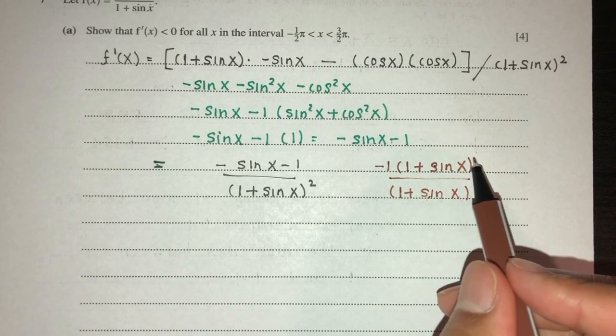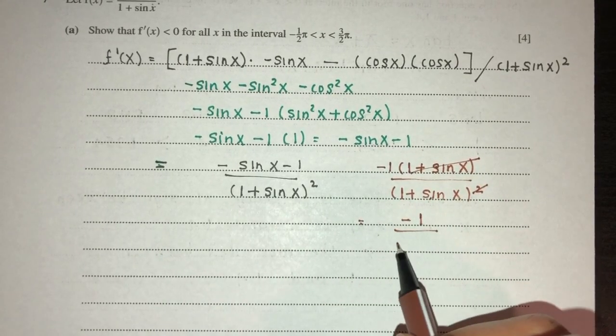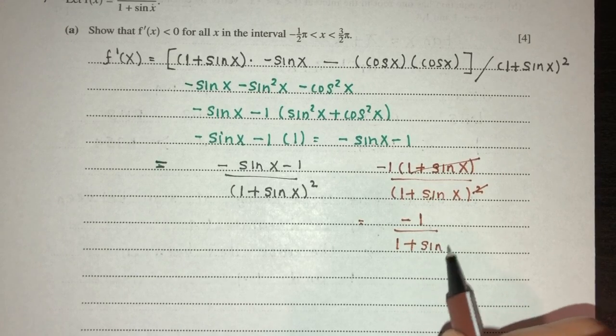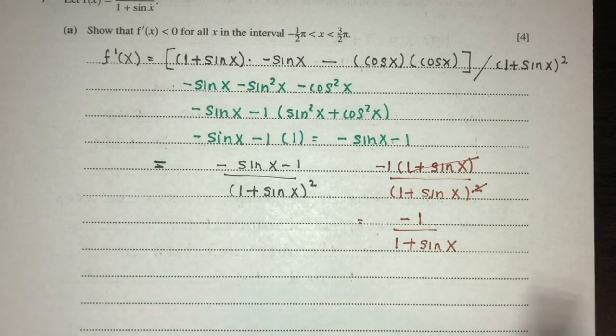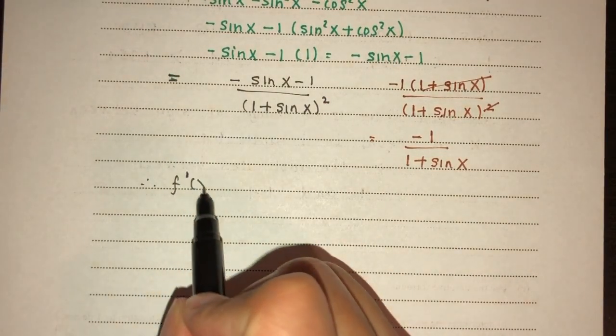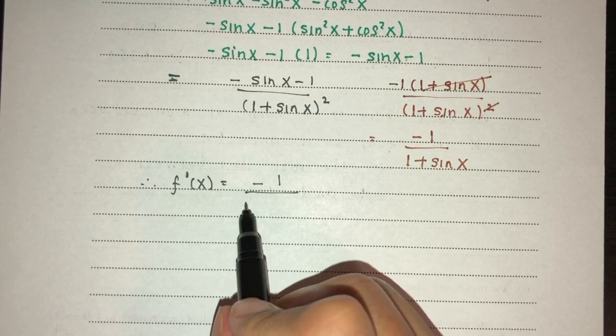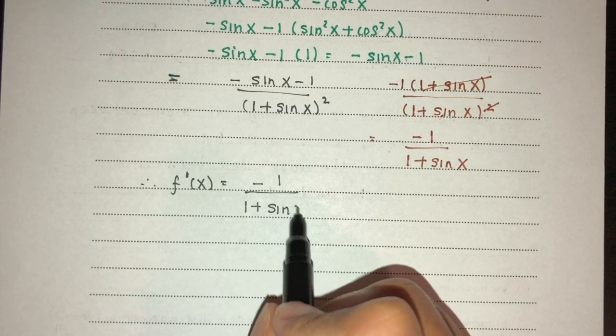Now these two are the same, we can cross out. You'll have minus 1 over 1 plus sin x. So now, as you have seen, we have shown that f prime of x, which is dy by dx, is equal to minus 1 over 1 plus sin x.